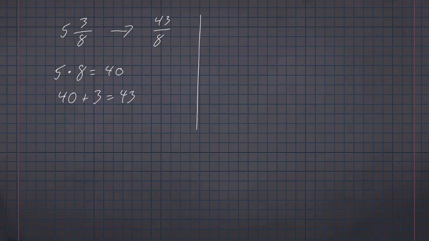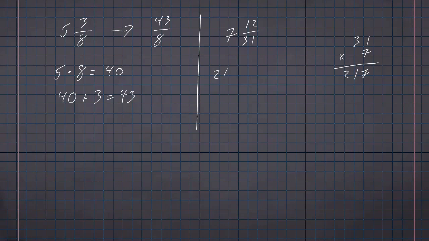Looking at one more, 7 12/31. Why someone is using 31sts, I have no idea, but it doesn't really matter. Nonetheless, I can take the whole part 7 times 31. All right, that's a little bit tricky, so I have to go off to the side. 31 times 7, well, 7 times 1 is 7, 7 times 3 is 21.